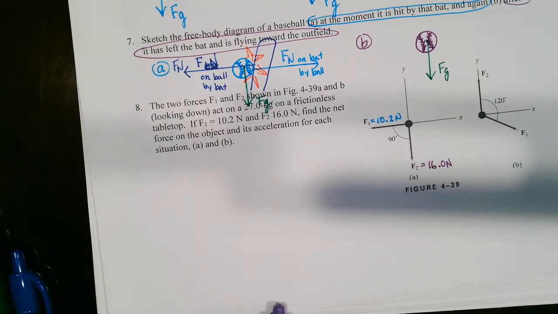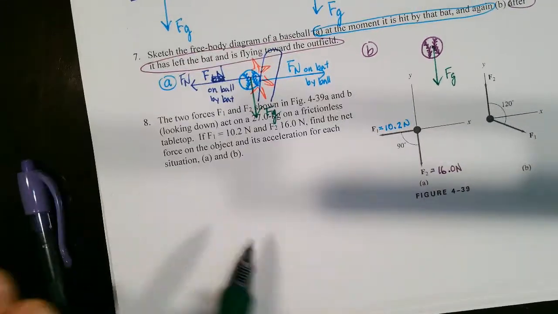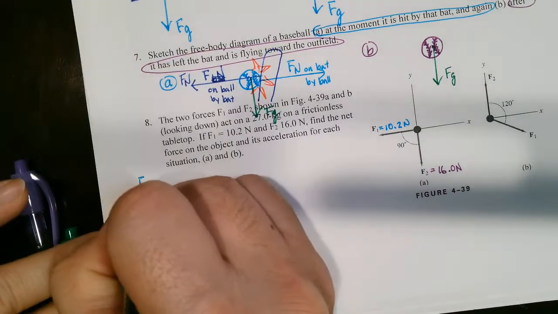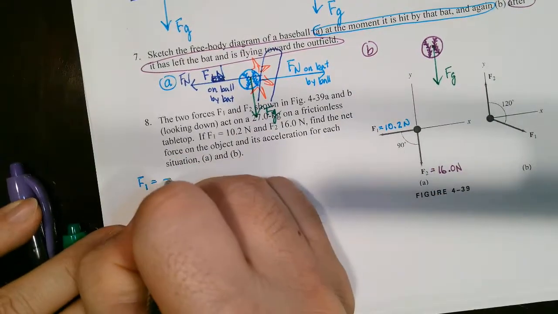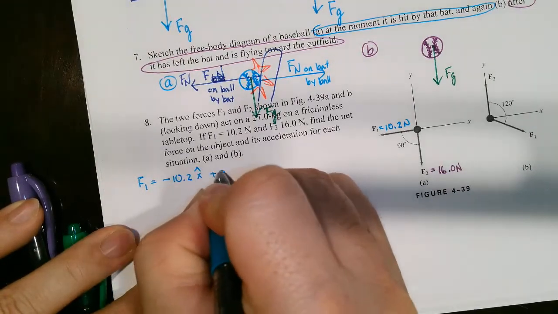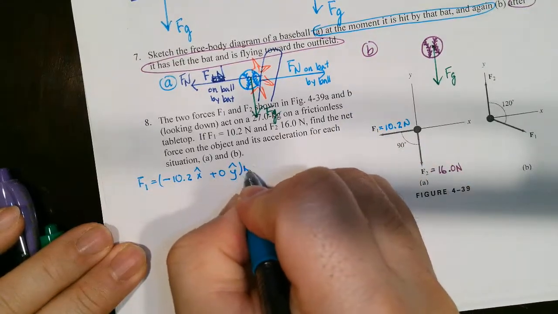So let's take a look at what happens if we write F1 in Cartesian form. It's negative 10.2 x hat plus 0 y hat newtons for my F1.